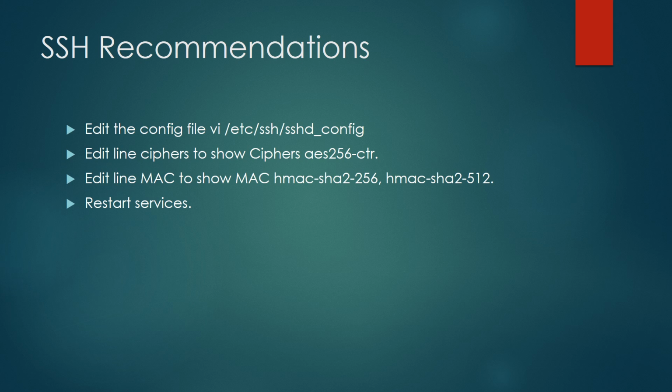You need to get into your default /etc/sshd configuration file, and look for the default entries, AES128-CTR, AES256, or ARC4256, to disable the CBC mode ciphers and the weak MAC algorithms, MD5 and 96.